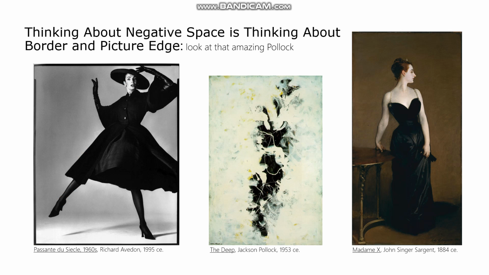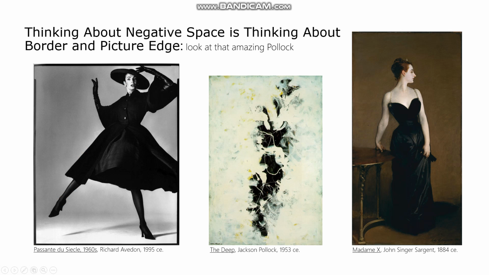All 3 of these paintings will probably come up again in this class, especially this photograph by Richard Avedon and this painting by John Singer Sargent. In each of these, I want you to notice how conscious the artist is about the positive and negative. Especially in this Avedon, really look how carefully, this is not just a photograph of a woman in a dress, it's a photograph of beautifully thoughtful negative space shapes.